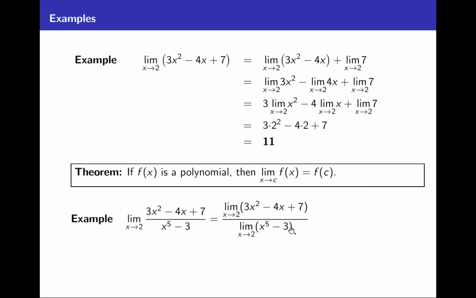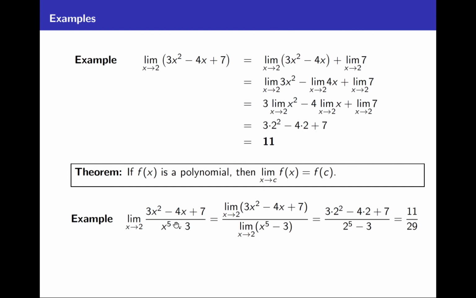And that's the limit of a polynomial divided by a limit of a polynomial. So our previous theorem says on the top and the bottom, we can just plug in what x is approaching. So we get 3 times 2 squared minus 4 times 2 plus 7 divided by 2 to the 5th minus 3. Just plug in a 2 wherever you see an x. And that gives us 11 over 29.